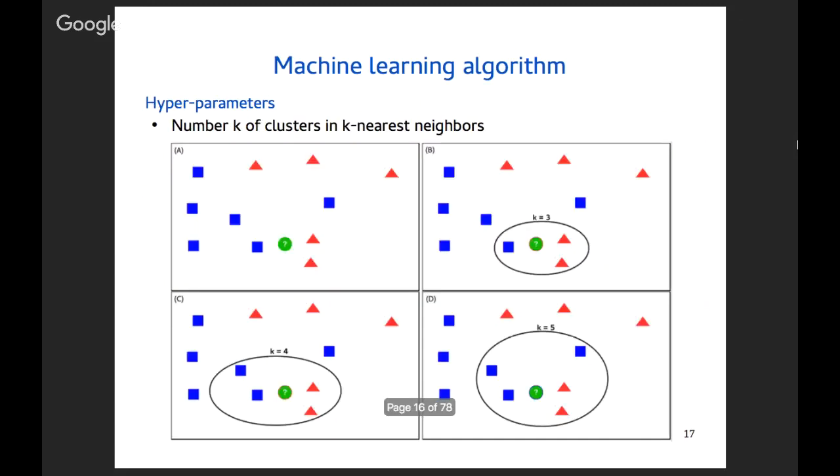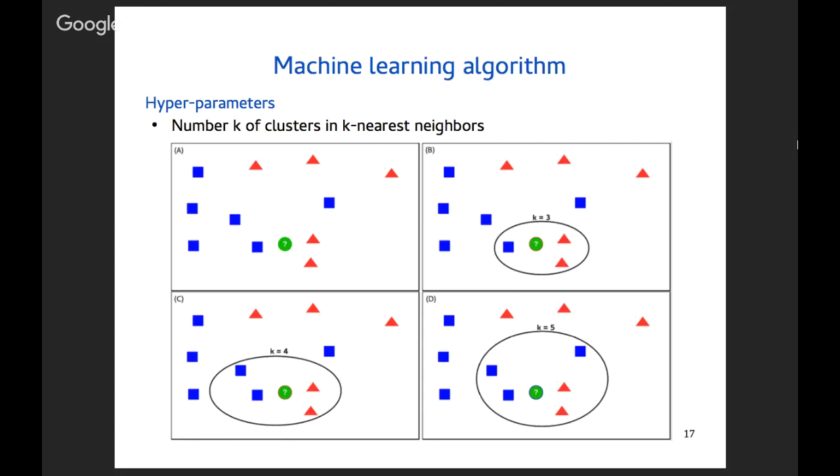So, for example, this is the algorithm that we will use later also in the exercise, and it's called k nearest neighbors. We start from this box A, and we are in the Euclidean space, and we have these 6 blue squares and these 5 red triangles.